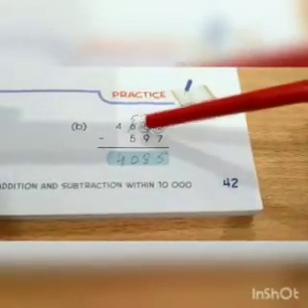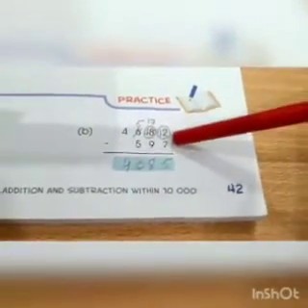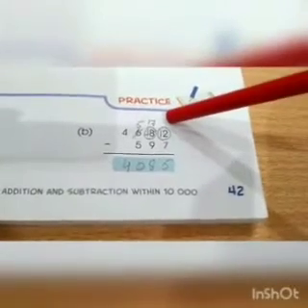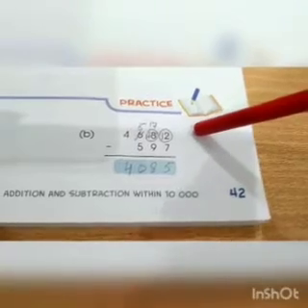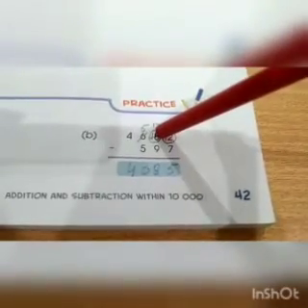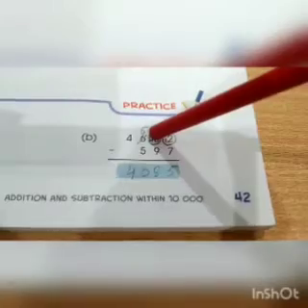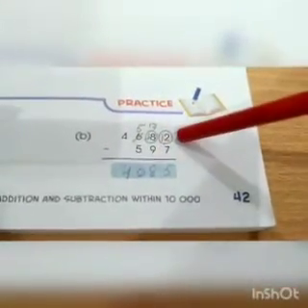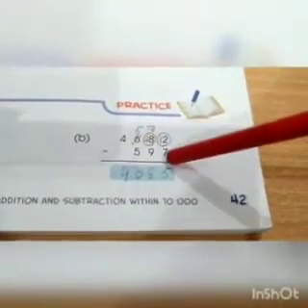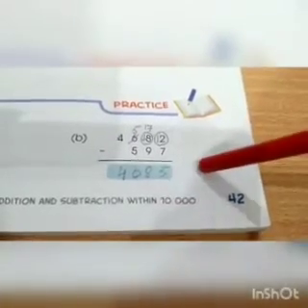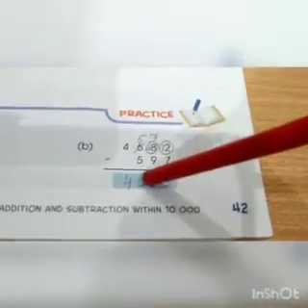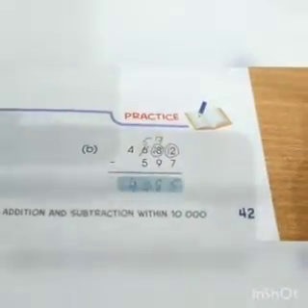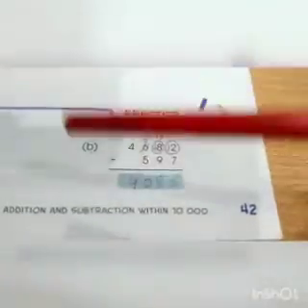Part B, 4,682 minus 597. 2 ones is less than 7 ones. We need to borrow from 8. 12 ones minus 7 ones is equal to 5 ones. Now we have 7 tens minus 9 tens. No, we can't subtract. We need to borrow from 6.